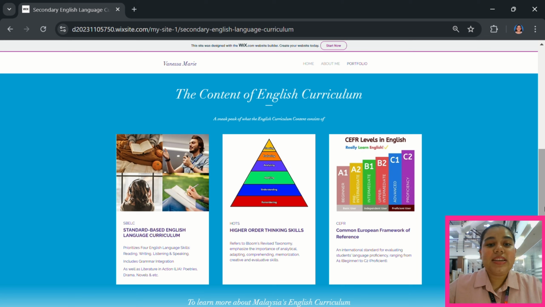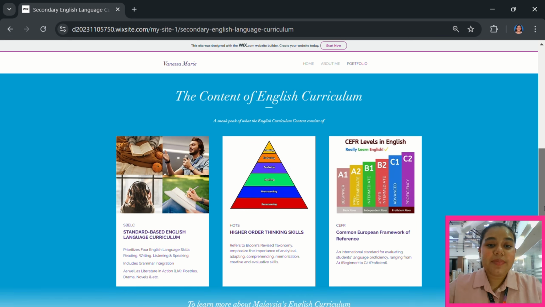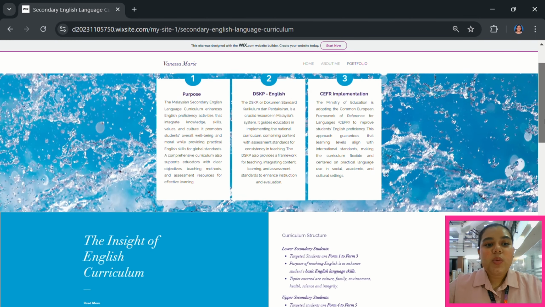And last but not least, it is also aligned with the Common European Framework of Reference, CEFR. So this framework assesses students' proficiency using a global CEFR scale from B1 to C2.